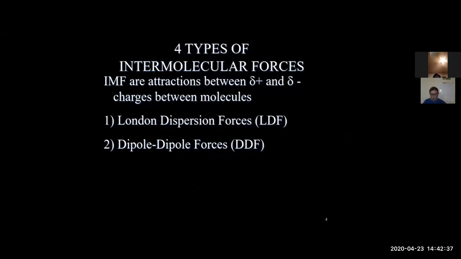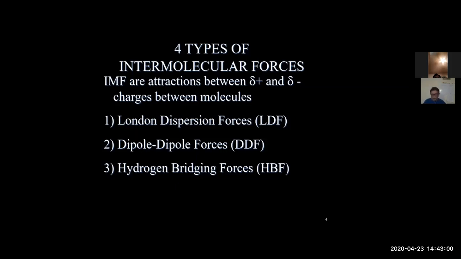The third one is called hydrogen bridging forces. You'll also hear or see the term bonding in lieu of bridging. Right now, they're trying to convert the name to bridging because hydrogen bonding implies there's an actual bond there, but there's not.